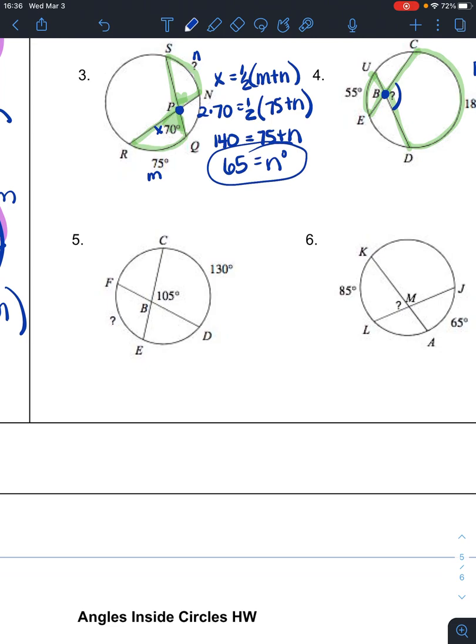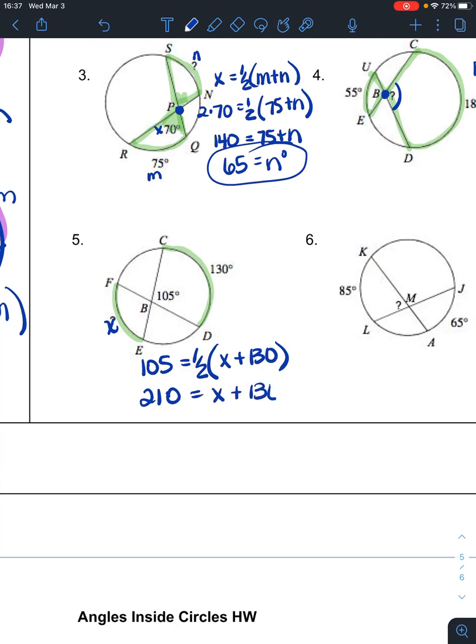Okay, so 5, notice I have an angle and I have an arc. So we need to know what this one is. Well, remember, the angle is equal to half the sum. So the angle is equal to half of, let's call this X, X plus 130. Easiest way to handle that too is to pull it over here.